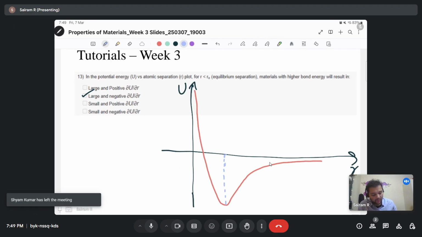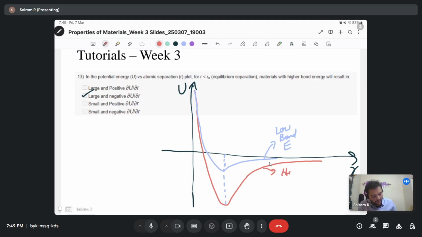Let this be the R naught for the system. Blue corresponds to low bond energy, orange system corresponds to high bond energy.